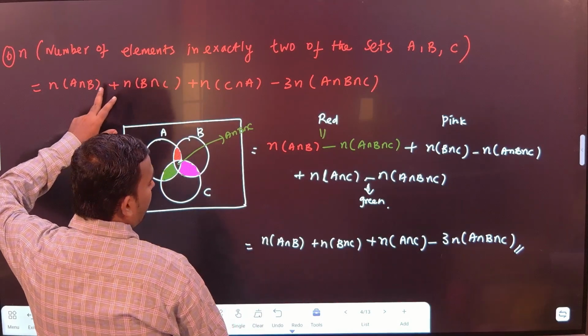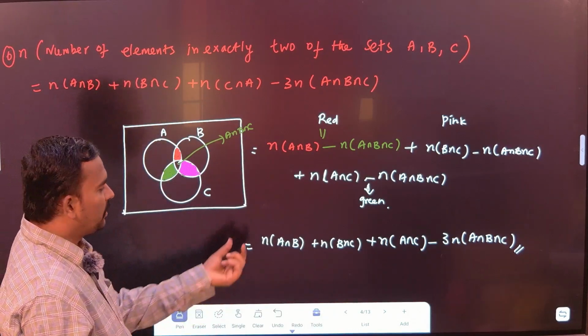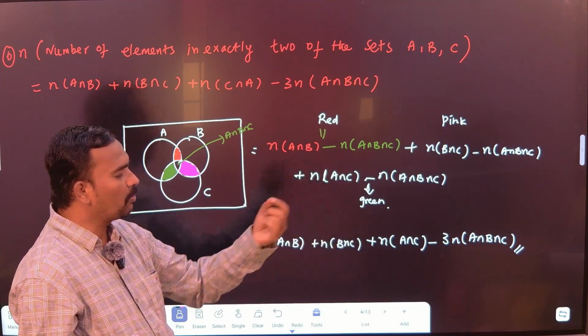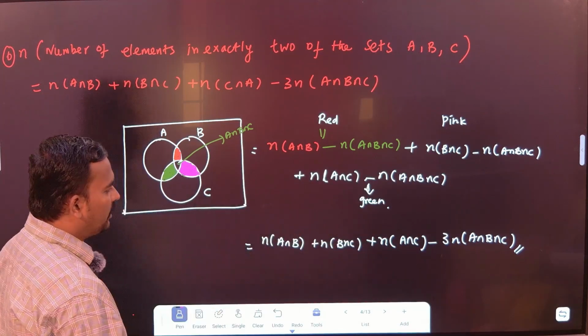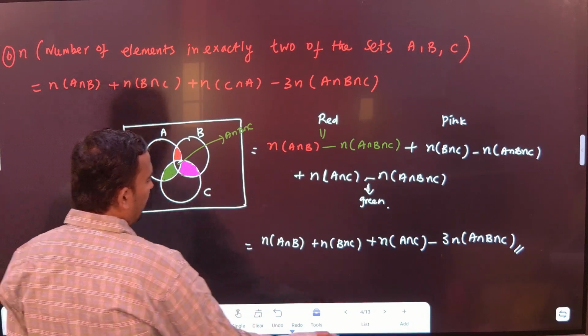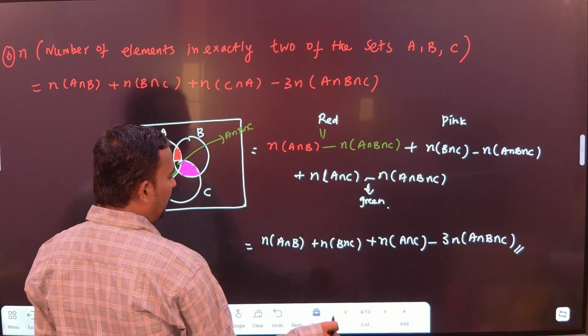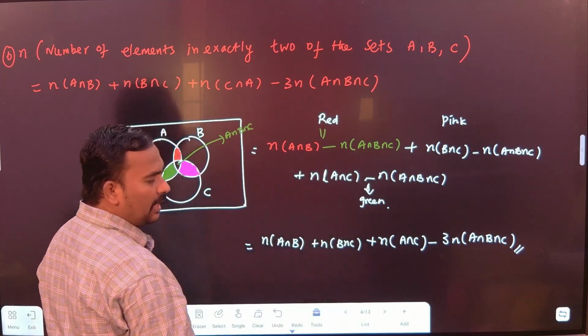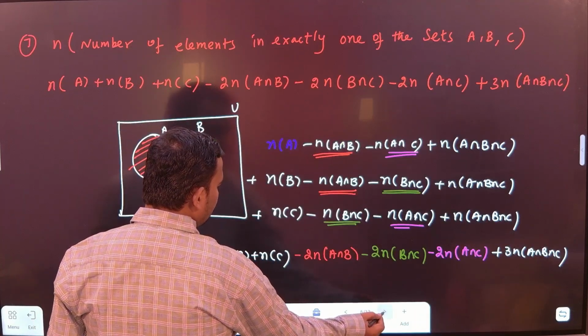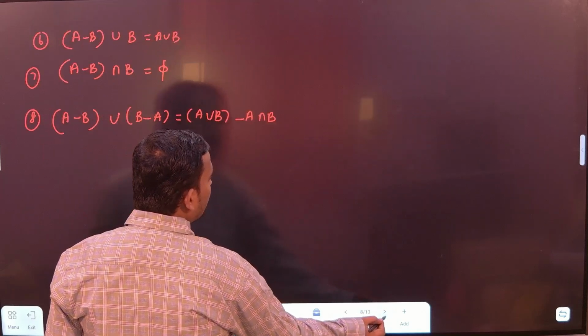Exactly two means A intersection B, B intersection C, A intersection C, minus 3 times A intersection B intersection C. So A and B, B and C, C and A, and remove the all three part. You can use that formula here.